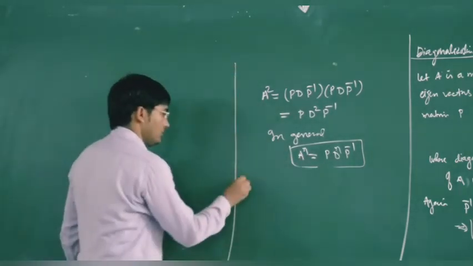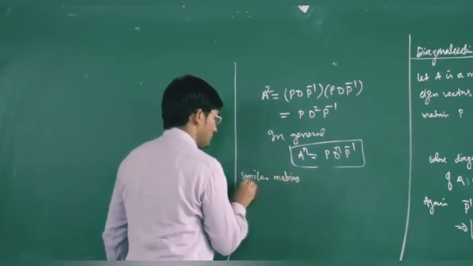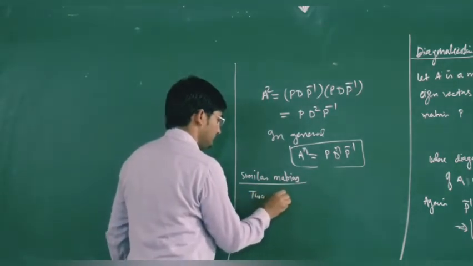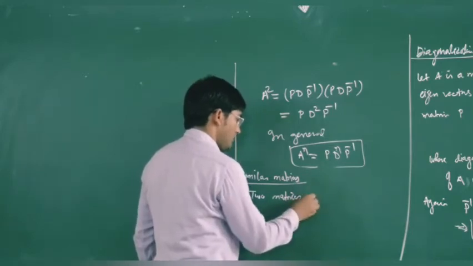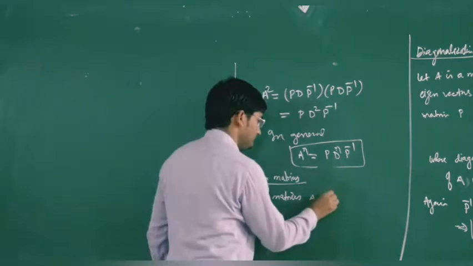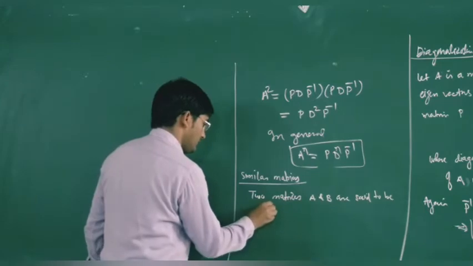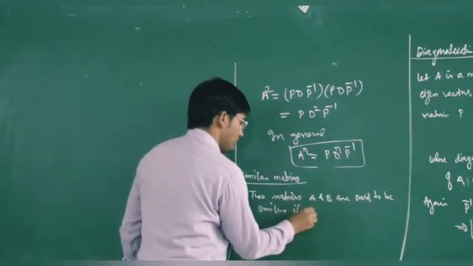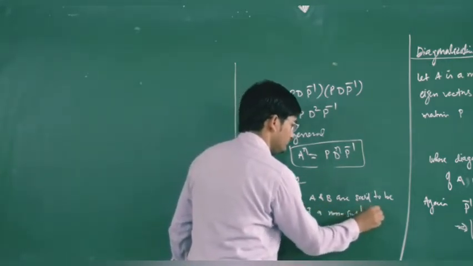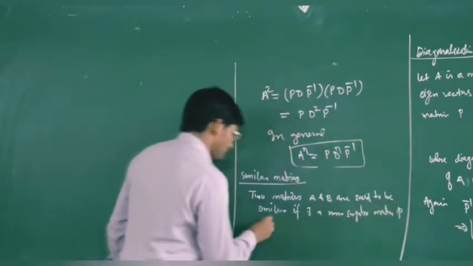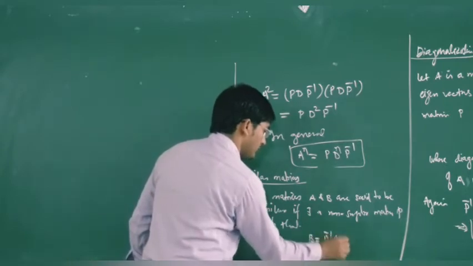Now similar matrices. Two matrices A and B are said to be similar if there exists a non-singular matrix P such that B equals P inverse AP.